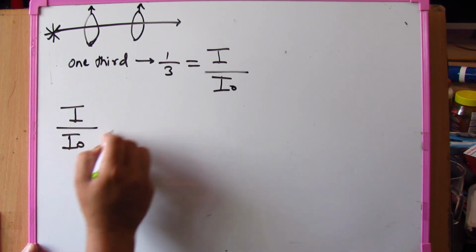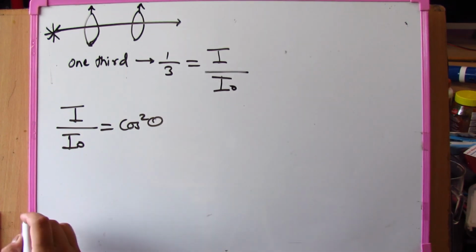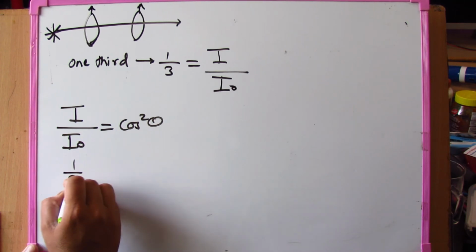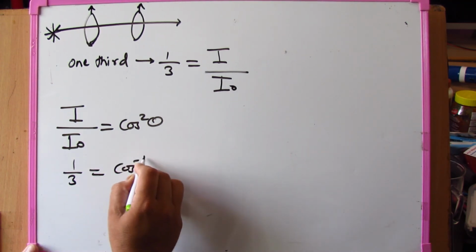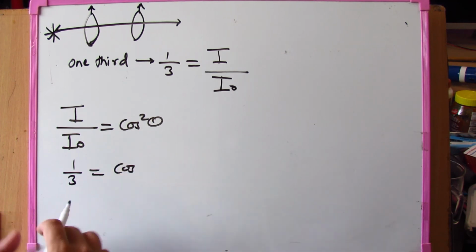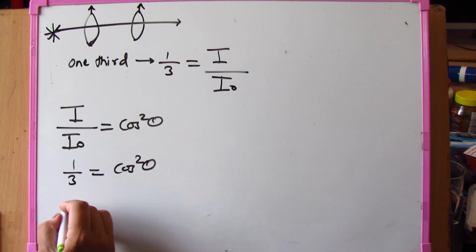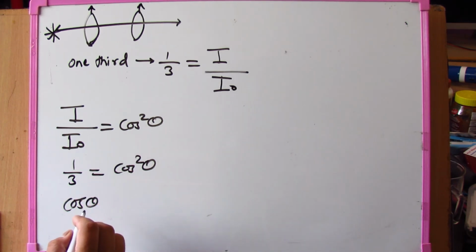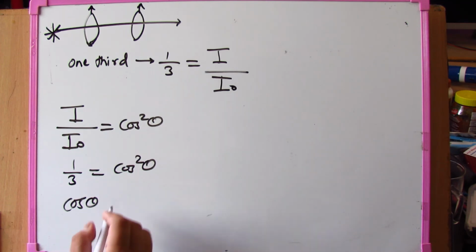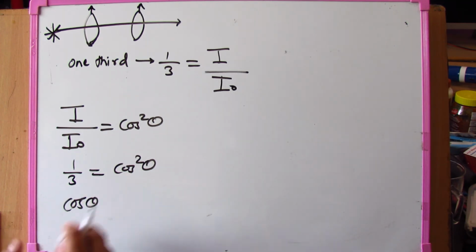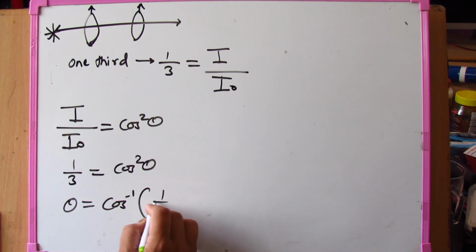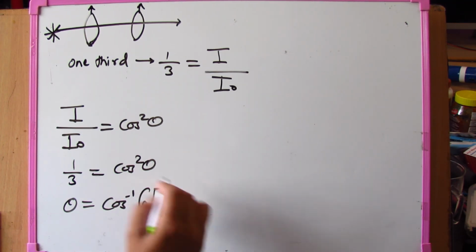I by I0 equal to cos square theta, and the left hand side is nothing but 1/3, equal to cos square theta, and hence cos theta is under root of 1/3.